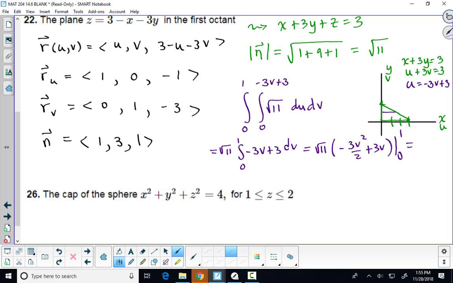Plugging in 1 gives 3 minus 1.5, so that's 3/2, so we get 3 square root 11 over 2. That will be the area of the plane in octant 1.